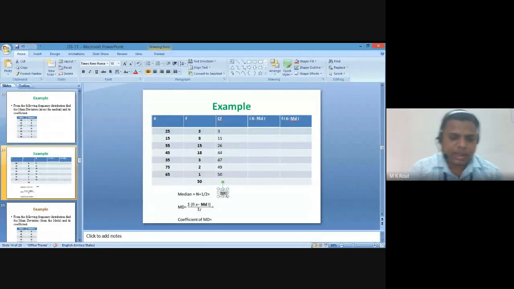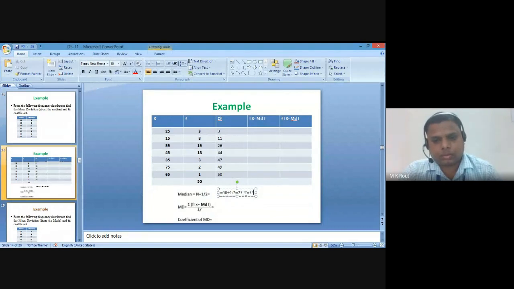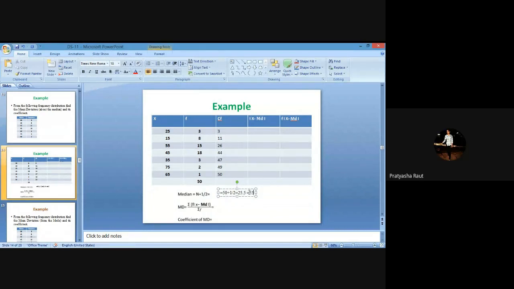So here the median equals 50 plus 1 divided by 2, that equals 25.5, and for 25.5 the corresponding x value is 55. Then calculate x minus the median.